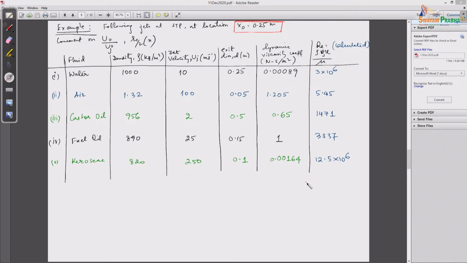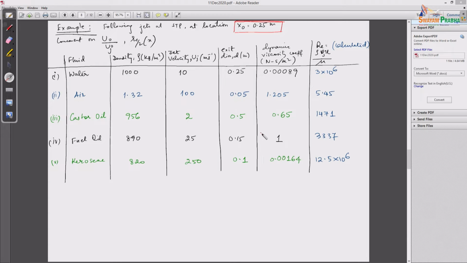So hi, welcome back. We had started doing this example using several jets. This is something we had drawn up of 5 jets of different fluids, which have different properties.